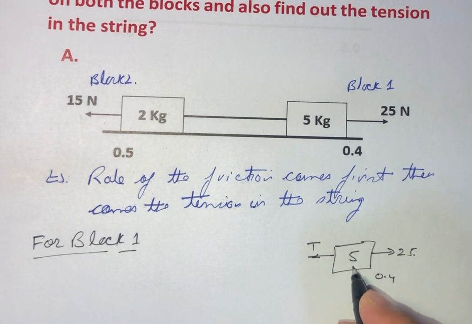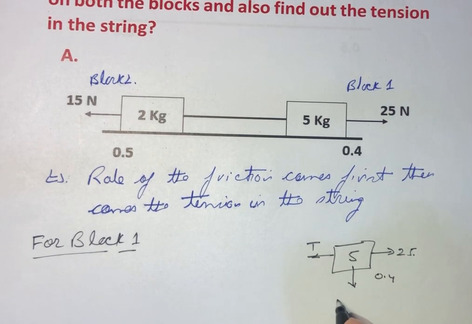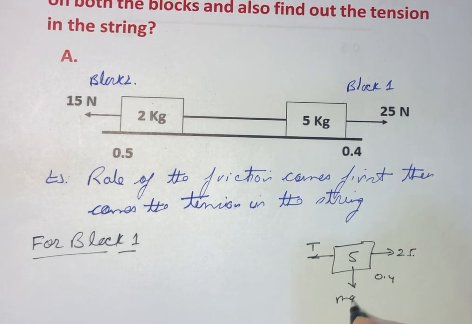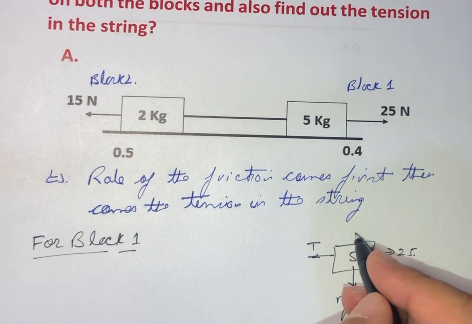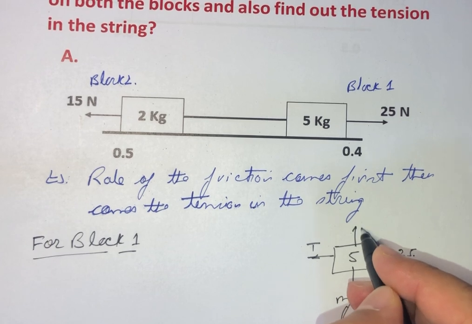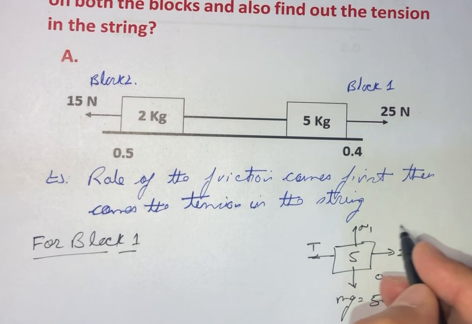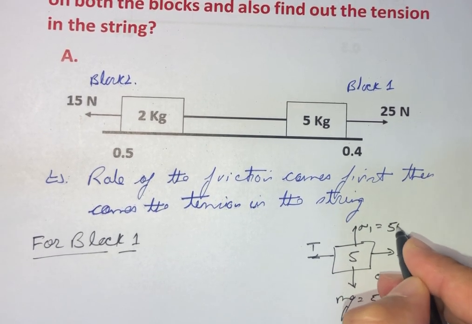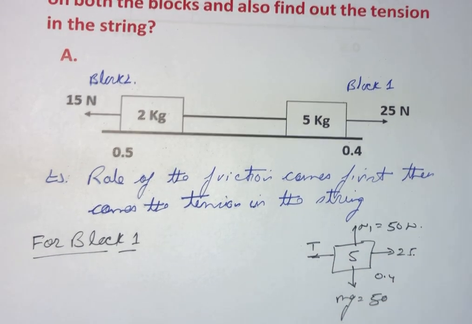So there will be mg in the downward direction and that will be equal to 50, and there will be normal, let us call that N1, in the upward direction, whose value will be equal to 50 Newton.